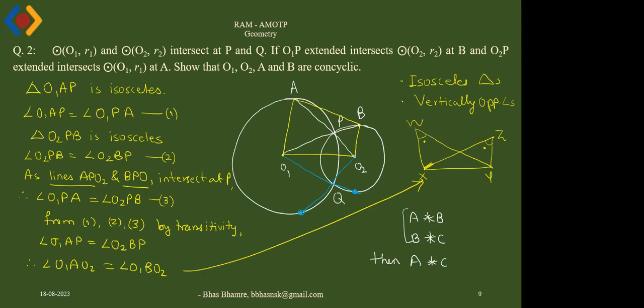I think it is said that O2P is extended, so O2P extended will meet the other circle at A, on the other side of the circle. When we say circle, we consider its edge. A circle is a ring, and its inside is the circular disc.